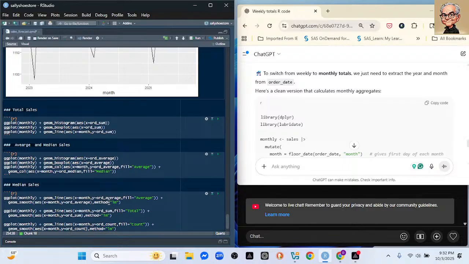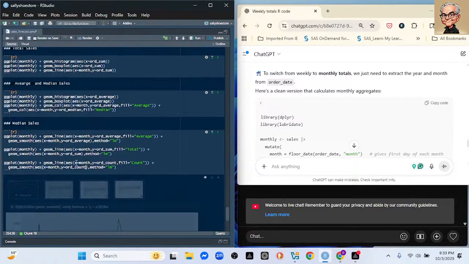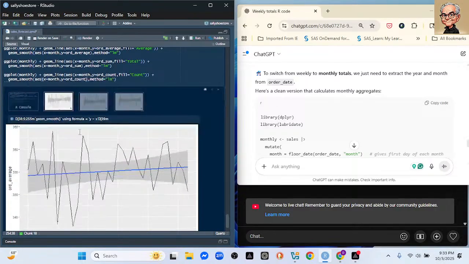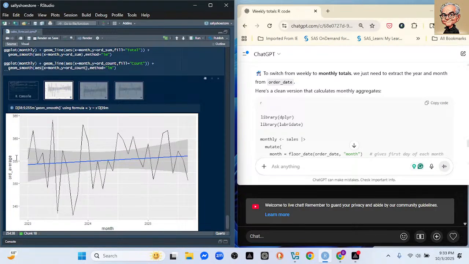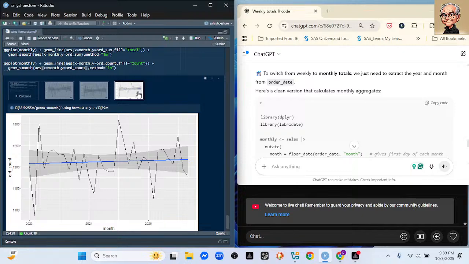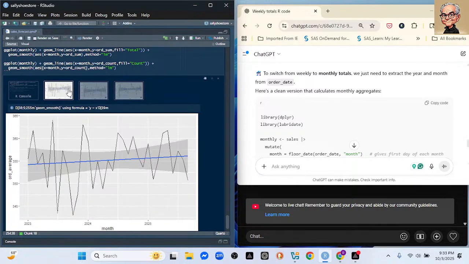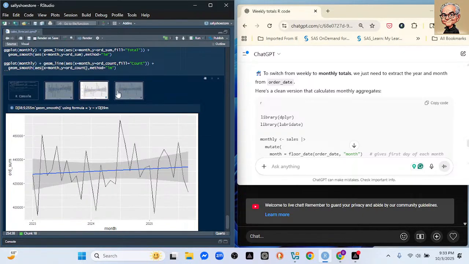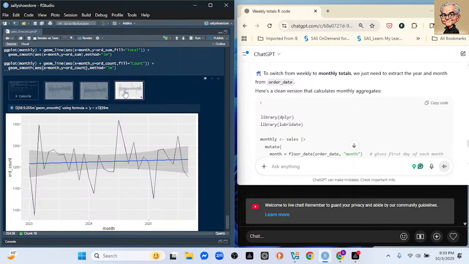So we got median, monthly total, and this is order average. This is total order sum. The average looks pretty good. We are seeing a little bit of increase in the order count, but not a lot.